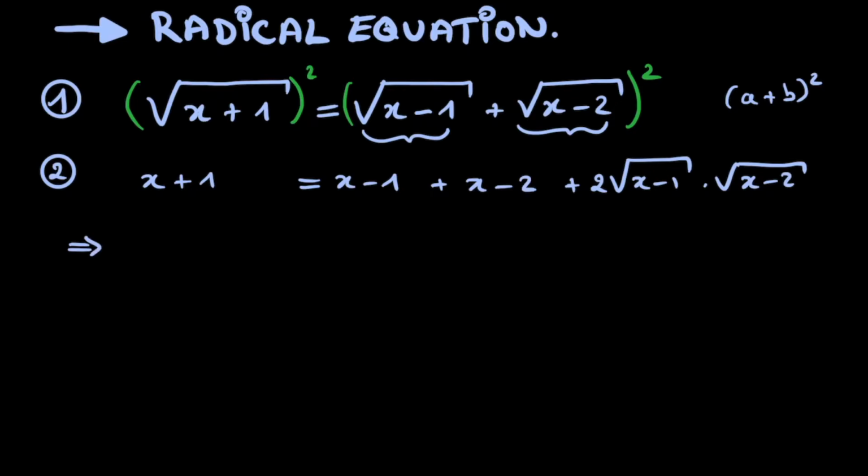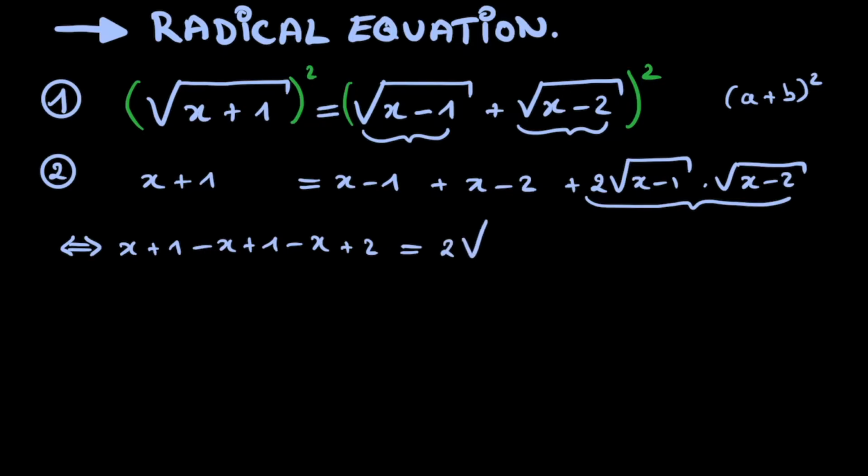Then if we bring all of the x's and constant numbers to the left-hand side of the equality sign and only leave the square roots on the right-hand side, we get x plus 1 minus x plus 1 minus x plus 2, which is equal to 2 times the square root of x minus 1 multiplied by x minus 2.